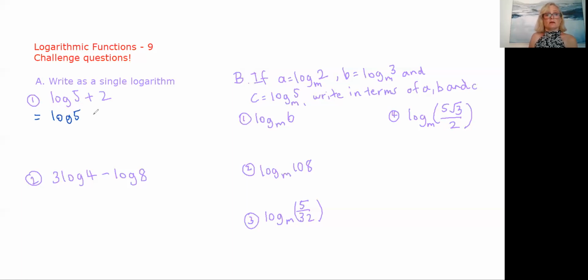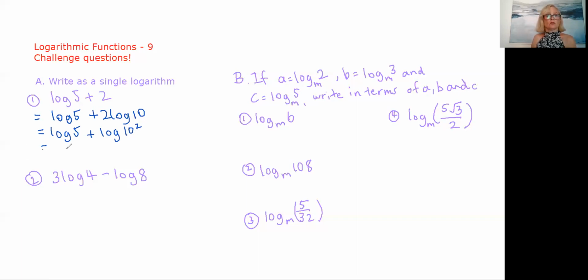Now, 2 in base 10. There are a couple of ways we can do it. We could start off by saying, well, it's 2 log of 10, couldn't we? Because log of 10 to base 10 is 1. Right? So then we can bring this in as 10 squared.